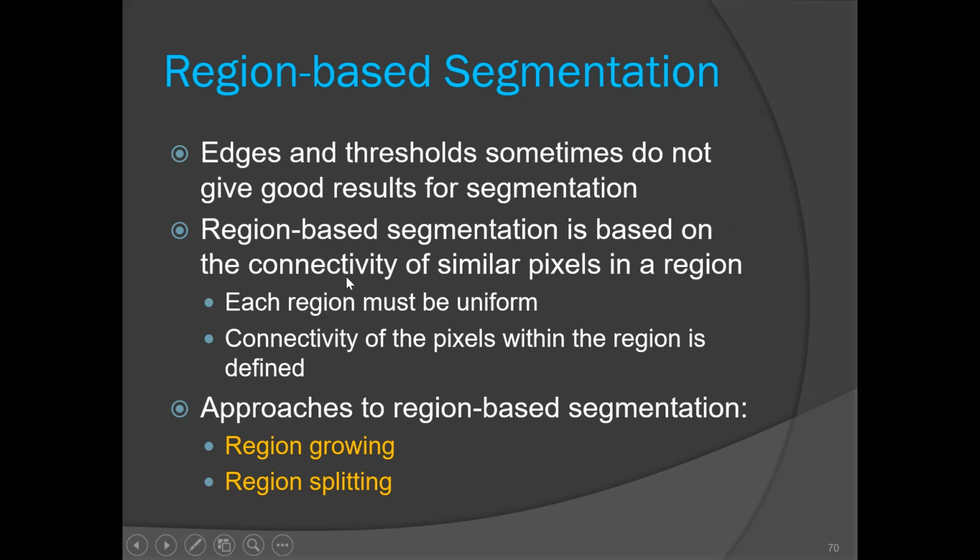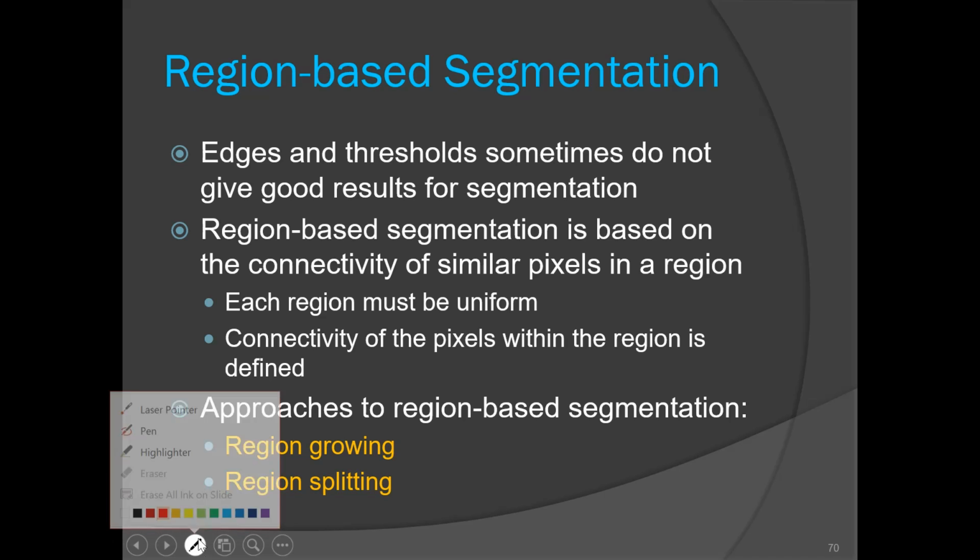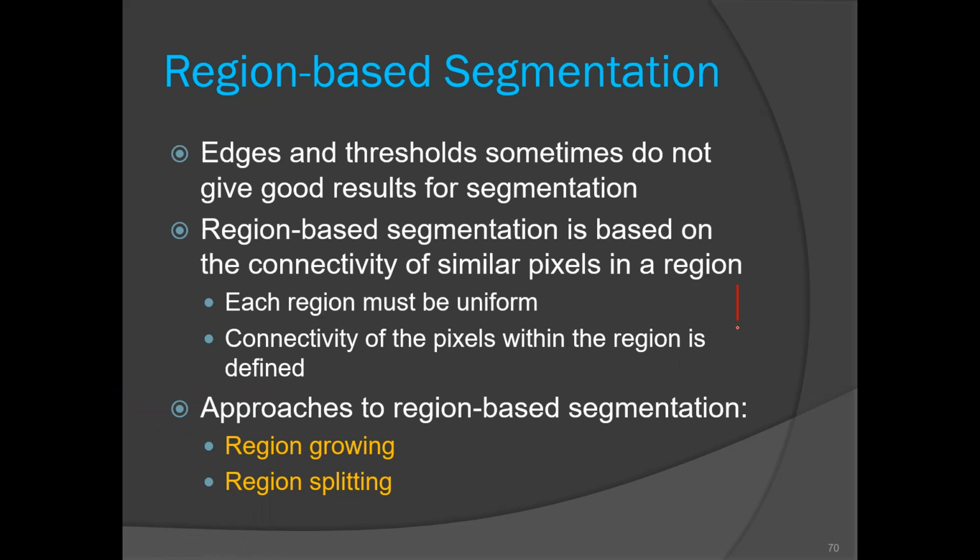This is a similarity-based approach, and here we will divide our image into multiple regions in such a way that, consider we have divided it into 4 regions, every region will be uniform. All the pixels in that particular region will have the same property.